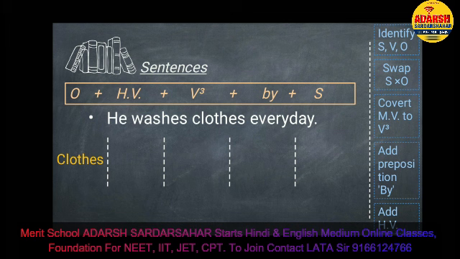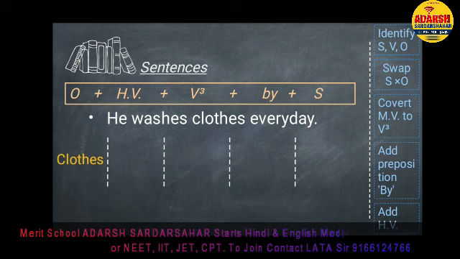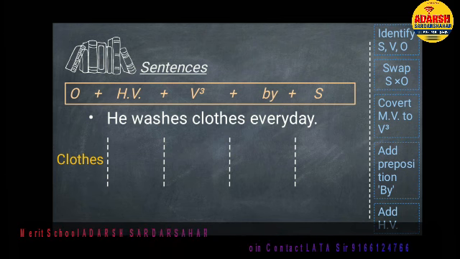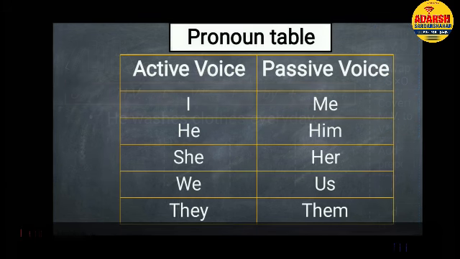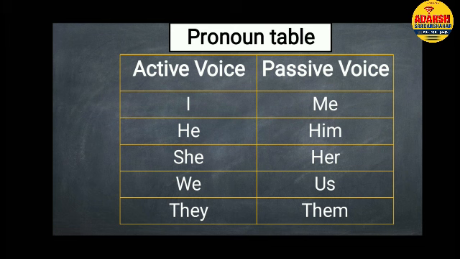Now here we put our object clothes in the place of our subject, but here if you see that our subject is a pronoun, and in our previous video, I told you that if our subject is pronoun, then the conversion will be like I as me, he as him, she as her, we as us, they as them.